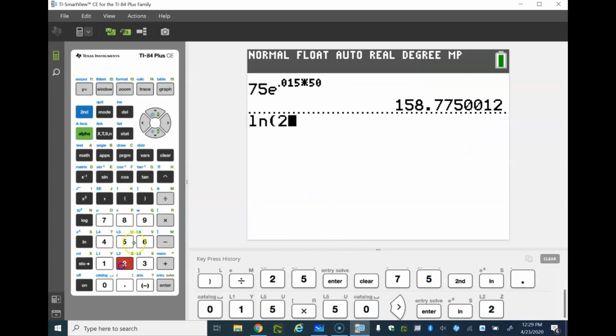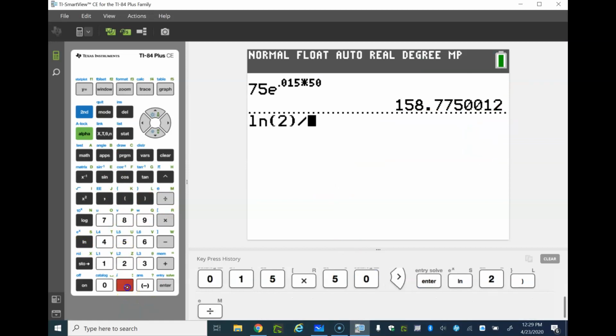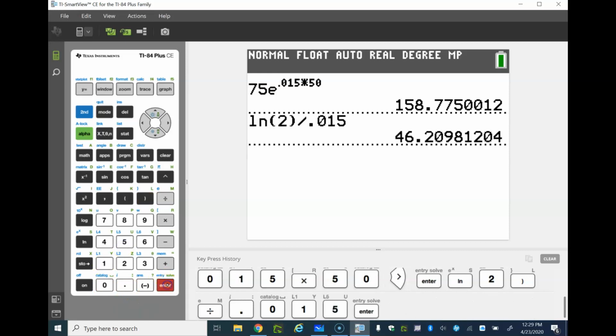So let's put in ln of 2, and divide it by 0.015, and we get the answer to be 46.2. So the double time, as far as in years, at this rate of 1.5%, is going to be around 46 years when the comic book value is going to be doubled.